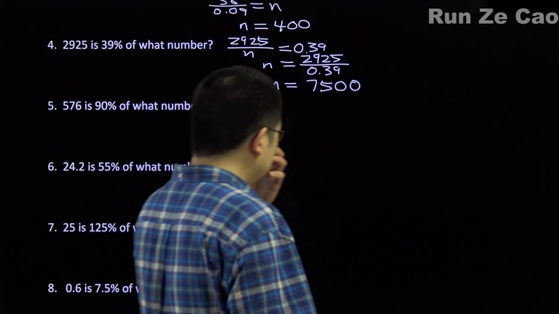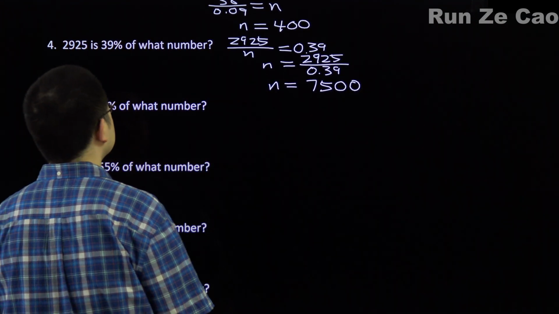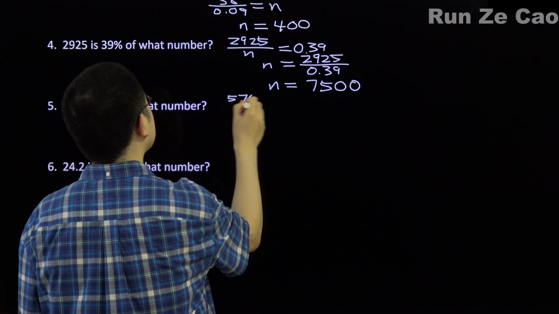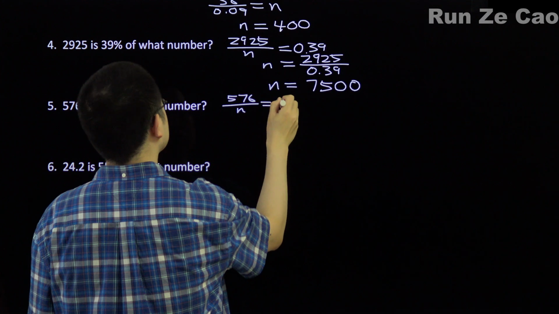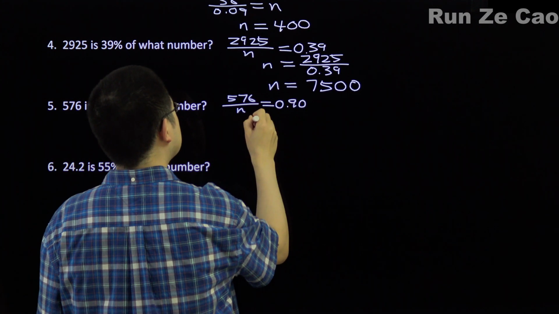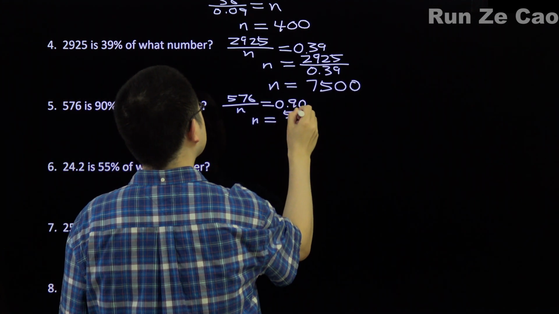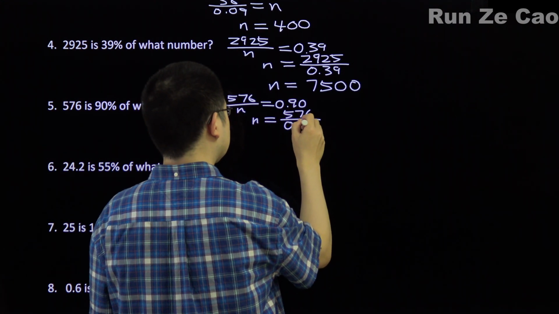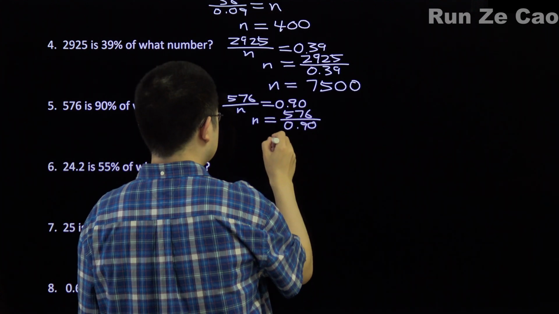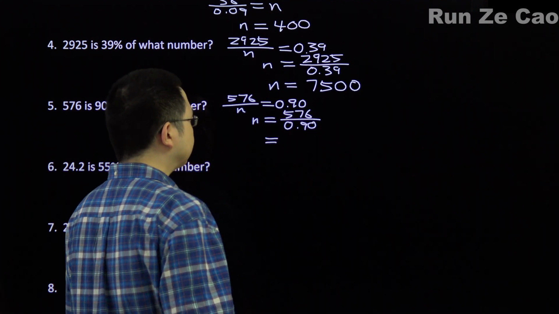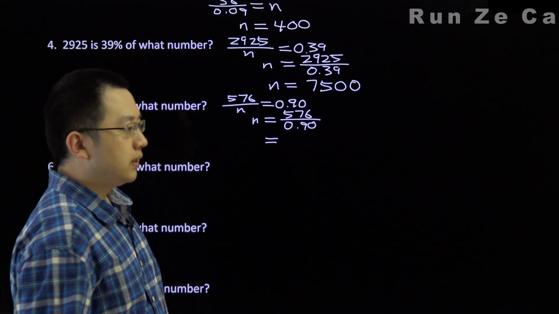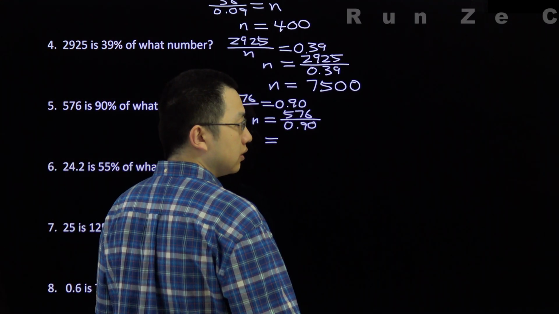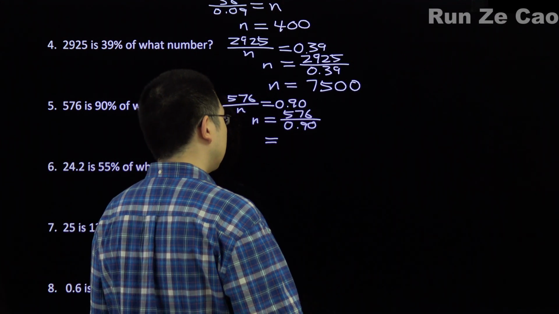576 is 90% of what number? 576 over n is equal to 0.90. N is equal to 576 over 0.90, which is equal to 6 times 9 is 54.